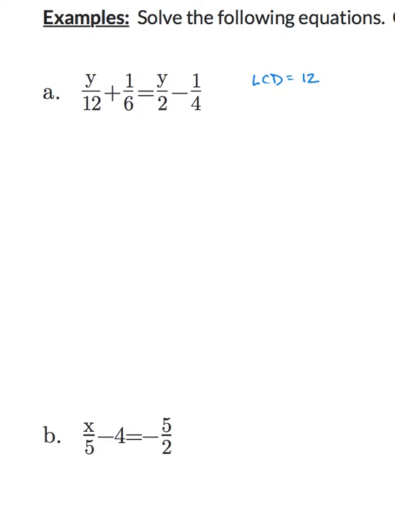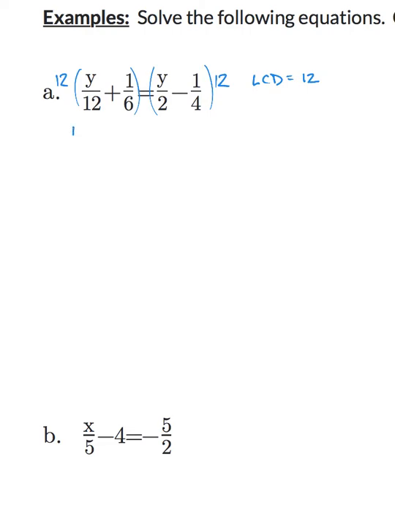So from here, what I want to do is I want to multiply both sides of the equation by 12 and distribute. So I'm going to do this in two steps so that you can see our rules that we have used before. So I'm going to multiply both sides by 12, and I want to distribute to each one of the terms.